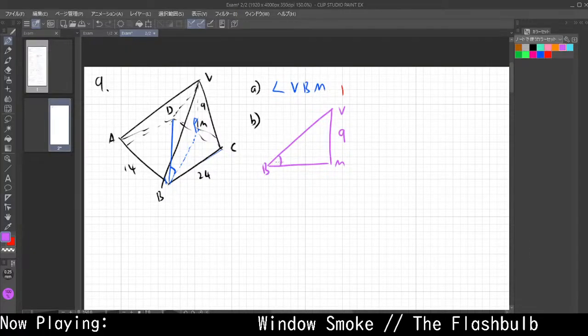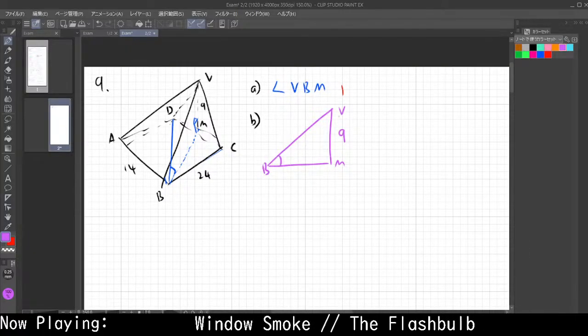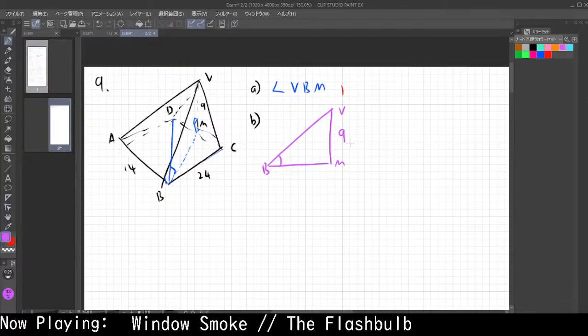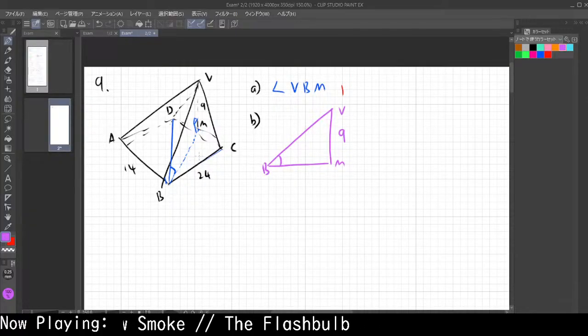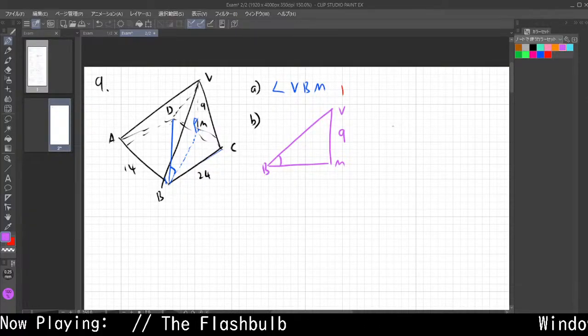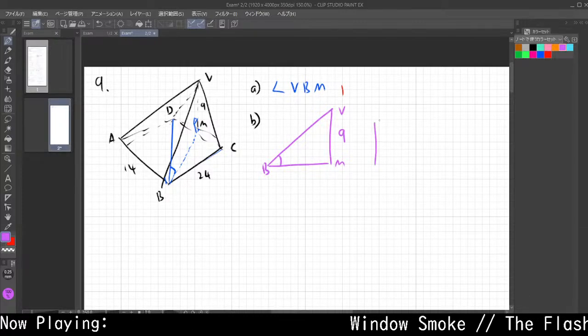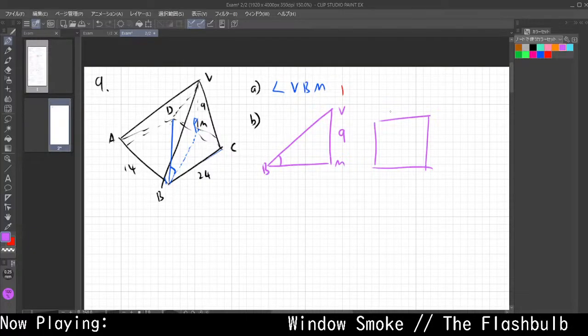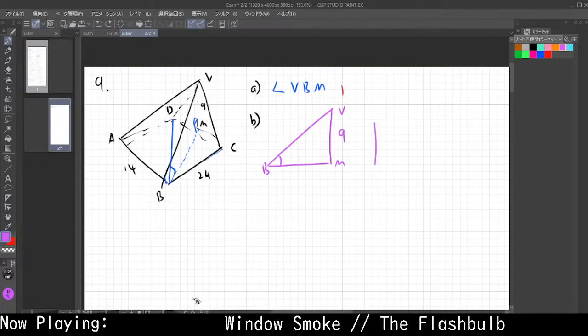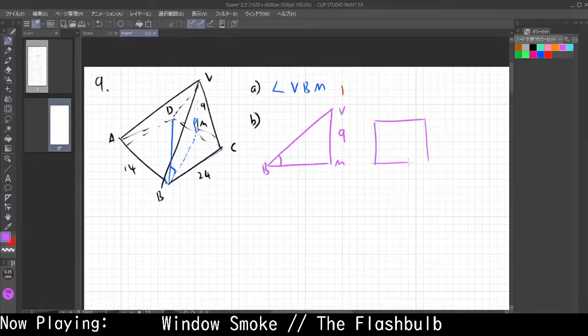We only know that to find VBM, we need either VB or BM. VB is not obtainable, so we can try BM. Since your base over here is essentially a rectangle.